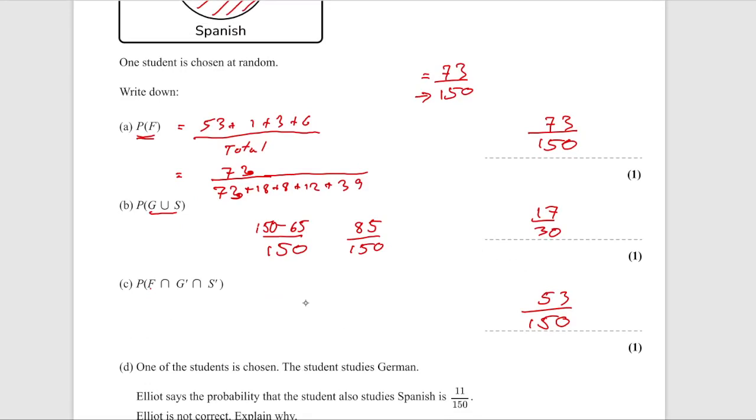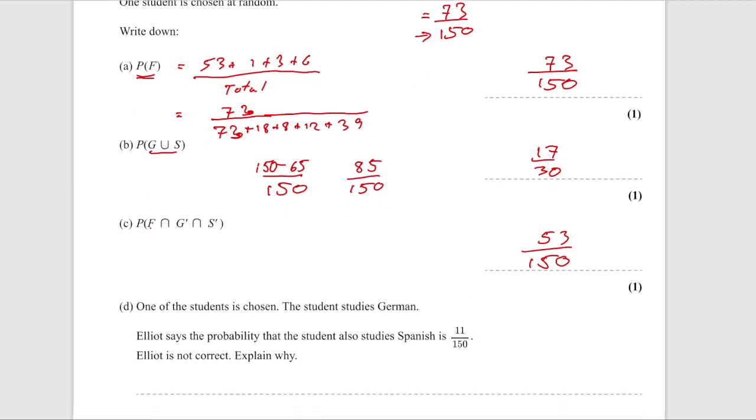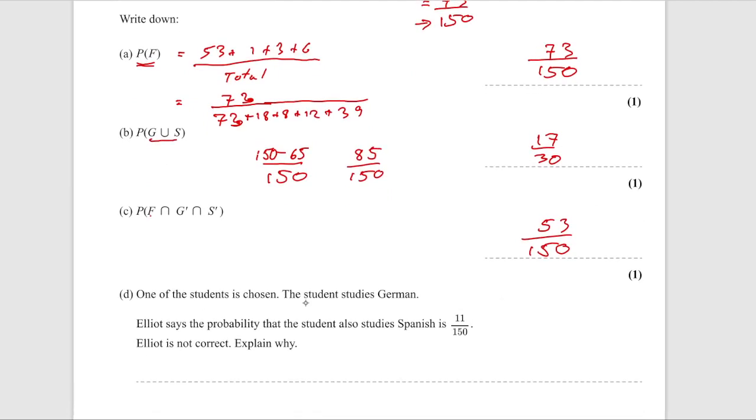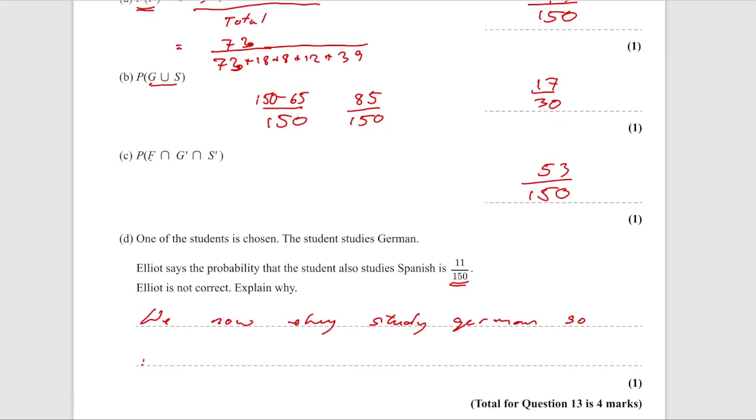And the final part, one of the students is chosen at random. The student studies German. Elliot says the probability that the student also studies Spanish is 11 out of 150. Elliot is not correct. Explain why. Because we already know that they study German. So we know they study German, so we no longer look at a whole group.